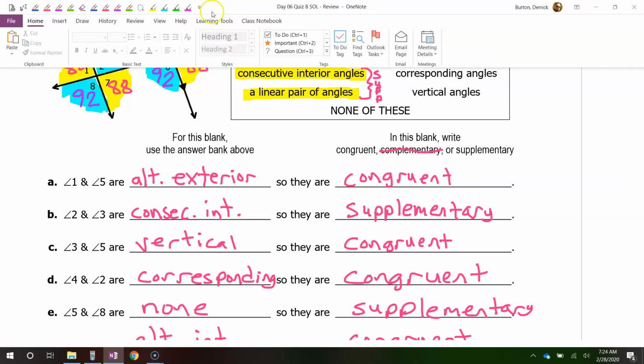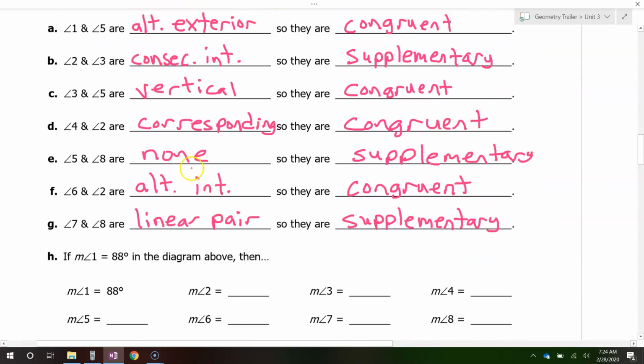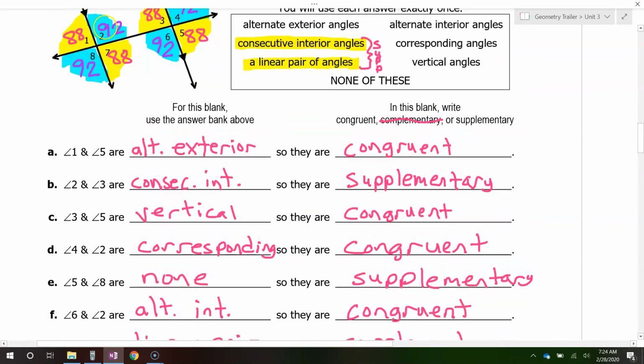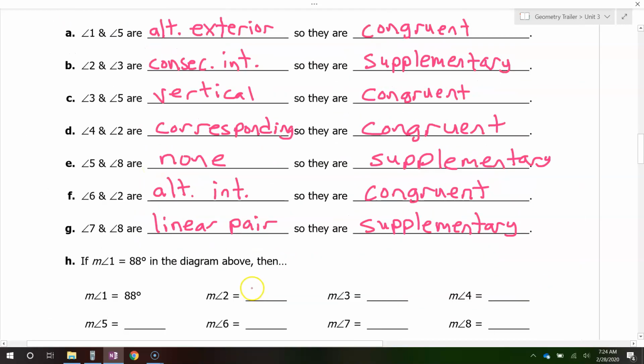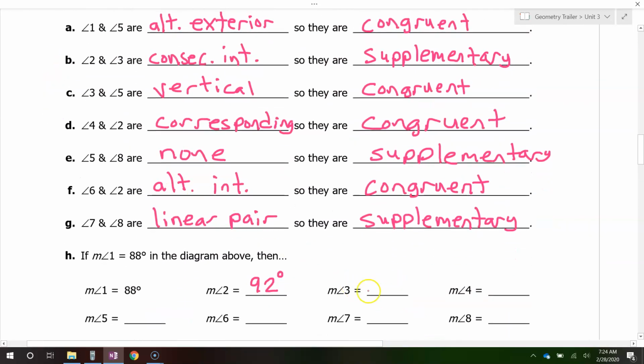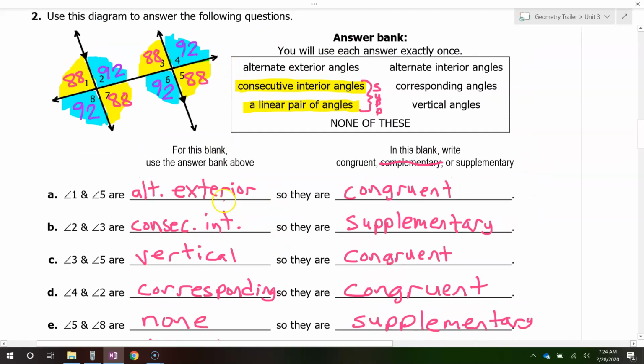All right, so we have them all labeled. Now all we have to do is write them all down. Angle 2 is 92. Angle 3 is 88. Angle 4 is 92.